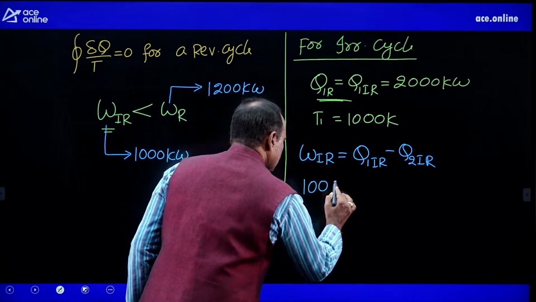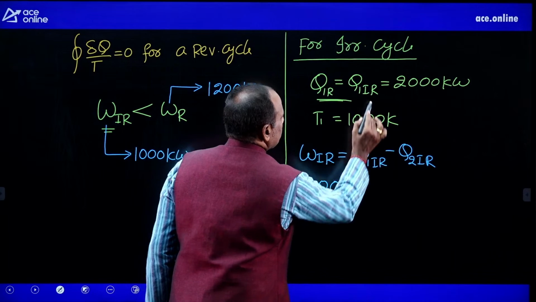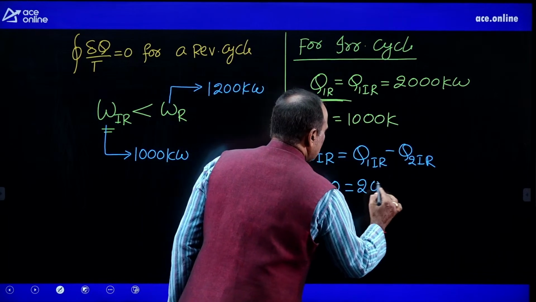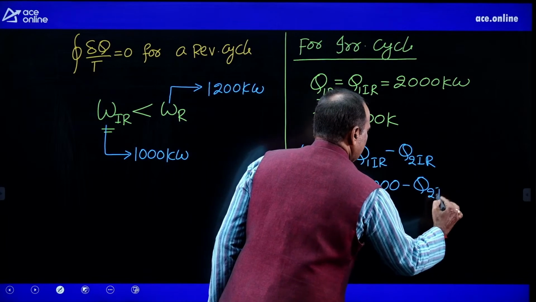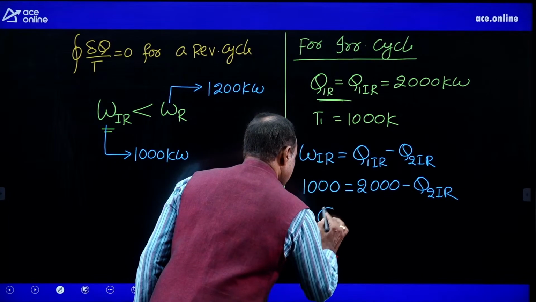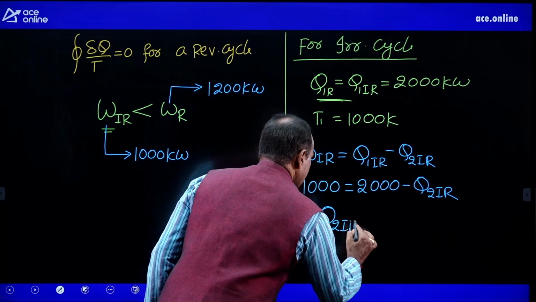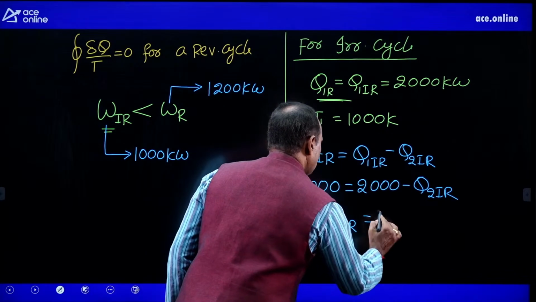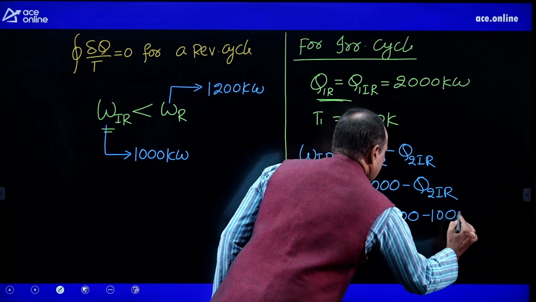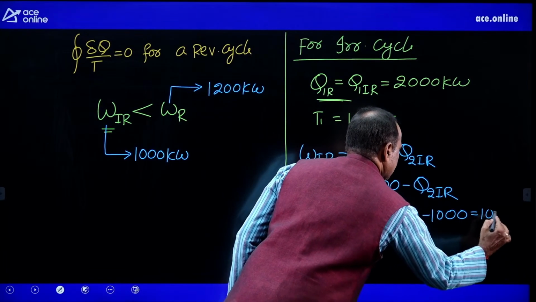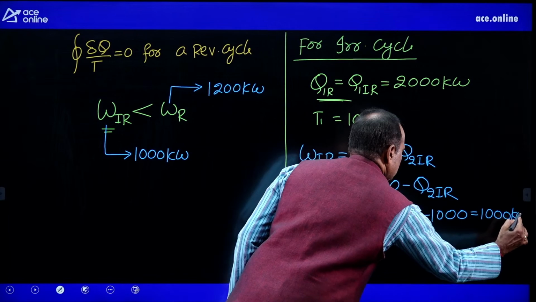Work output of the irreversible engine equals the heat supplied for the irreversible engine minus the heat rejection for the irreversible heat engine. So 1000 equals 2000 minus heat rejection. From this, the heat rejection for the irreversible heat engine equals 2000 minus 1000, which is 1000 kilowatts.